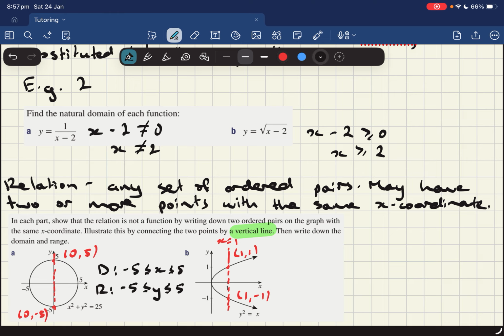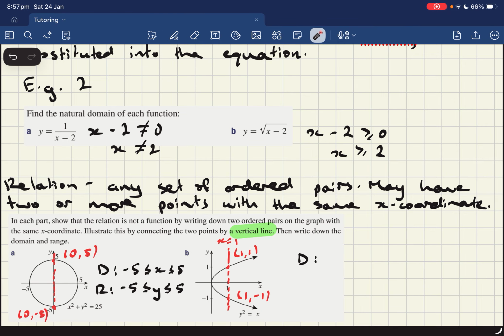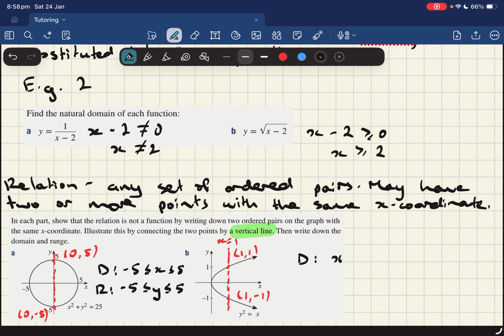Now, the domain of this graph, because we can see that it continues infinitely in these 2 directions here, starts at the x coordinate of 0, and it's going to take up all of these x values that are 0 or more. So the domain, we can say, is x is greater than or equal to 0.